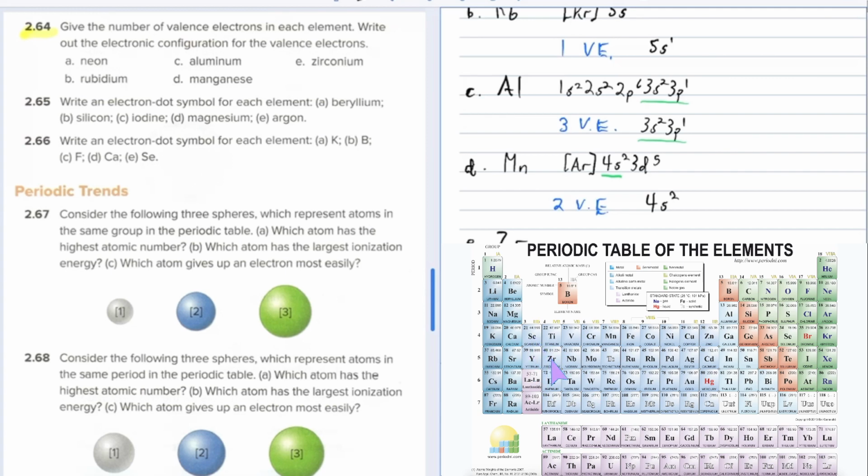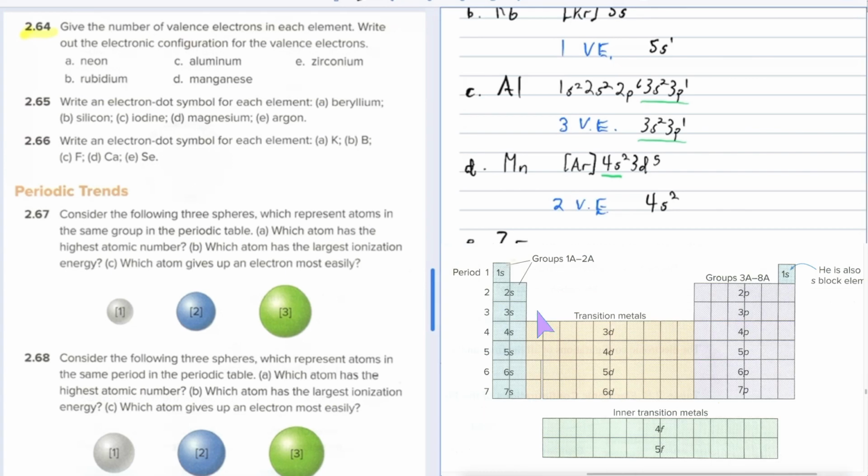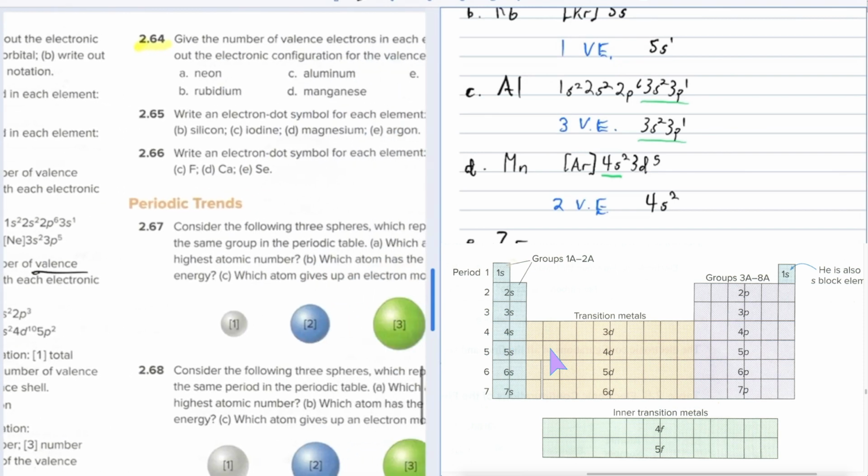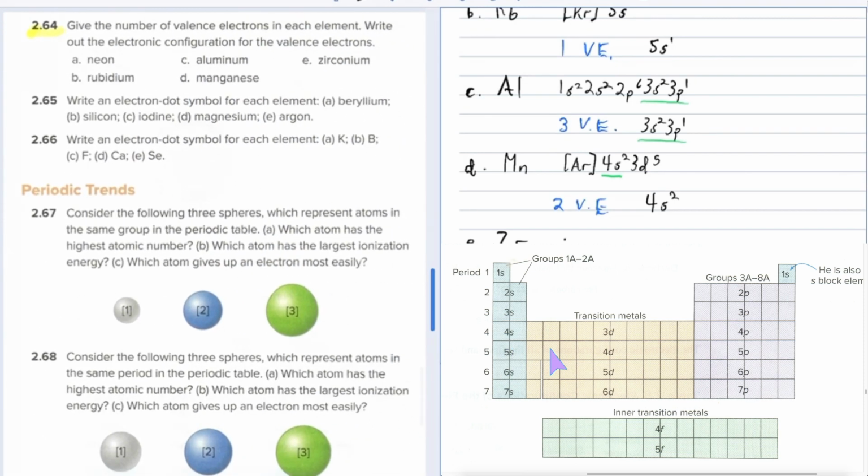So you end in 4d2. We'll start from xenon and then 5s2, 4d2.